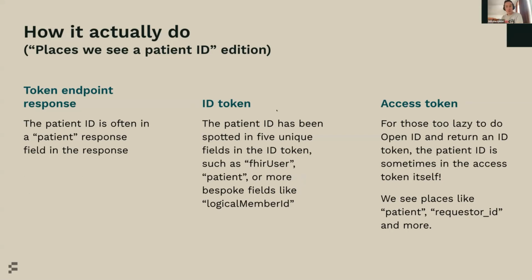But sometimes you have to go to that ID token and search through every attribute, because the FHIR user attribute that's defined in Smart on FHIR is not typically there, or is not there all the time. So you search through all these different fields, like logical member ID. Then the same thing for the access token. Sometimes they don't return an ID token, and you get back an access token, then have to search through all those fields and say, is this the right one?